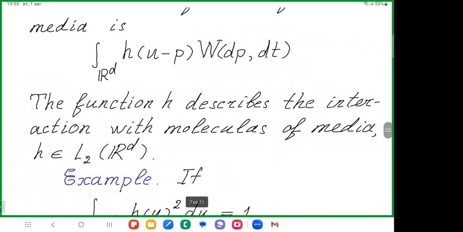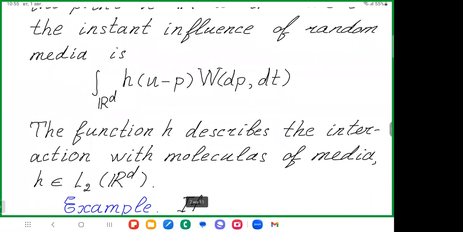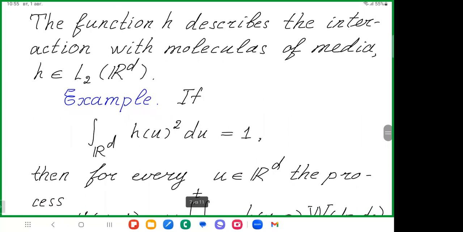It is interesting even to look at one particle which moves in this random media. Let's suppose that this function h, our window of interaction with the molecules of the media, is such that the integral of the square is equal to 1.